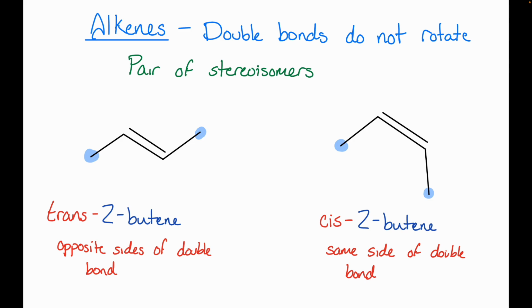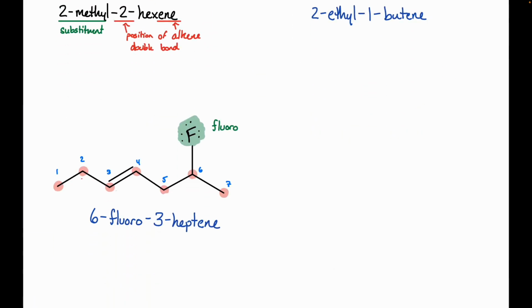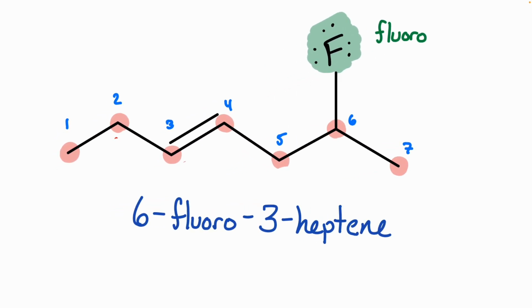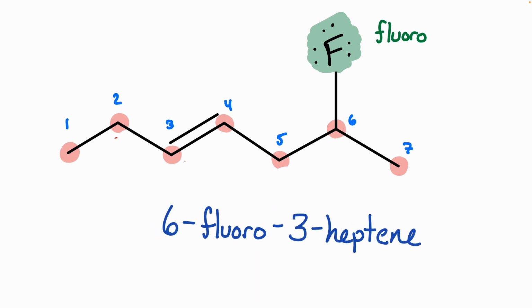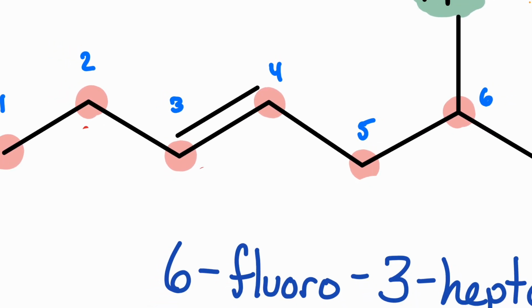So let's go back up to this example here, our 6-fluoro-3-heptene. We were looking at a specific stereoisomer of this 6-fluoro-3-heptene. Everybody take a second and tell me if we're looking at the cis or the trans isomer. Cis. All right, so we're looking at this double bond.